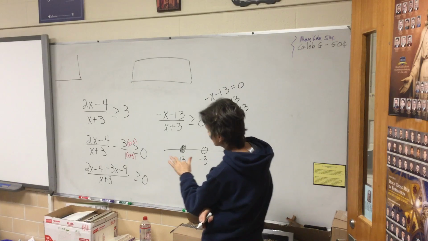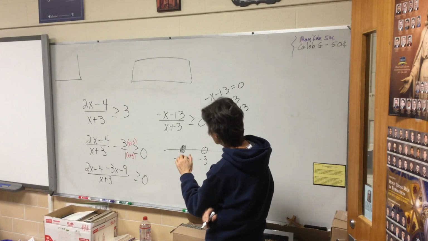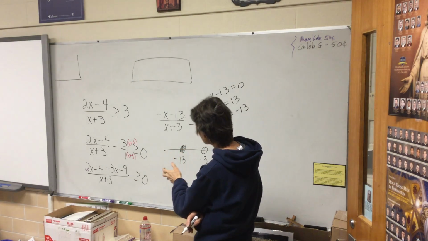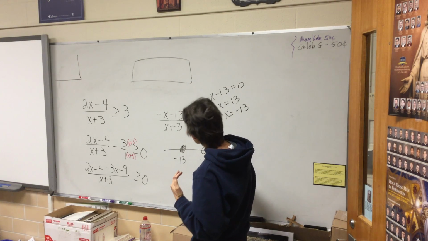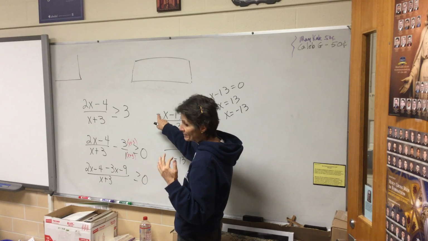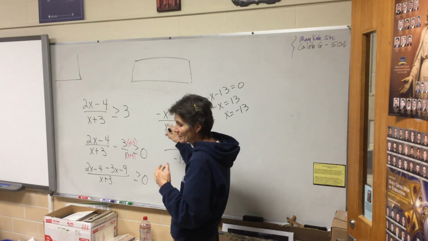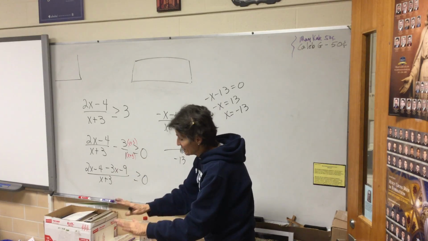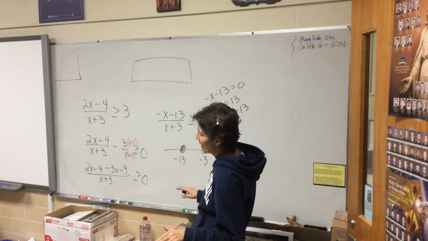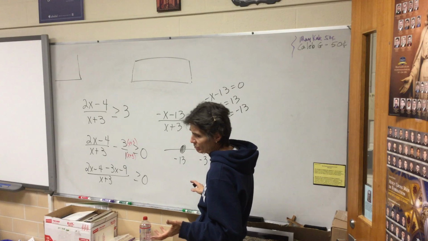Now, I'm just going to tell you that a lot of times the arithmetic is easier if you just use 0. Because if you plug in -5, you're going to have -5 minus 13, so you have to do a lot of arithmetic. There's nothing wrong with -5. It's just easier to use 0.